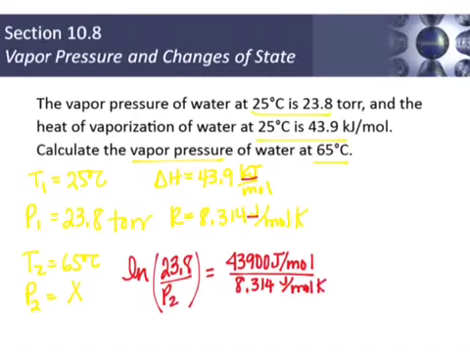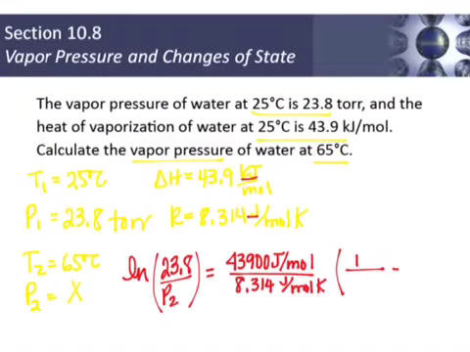Okay. And then we multiply that times 1 over T2. Oh, sorry, we have 65 degrees Celsius, so add 273 to that.